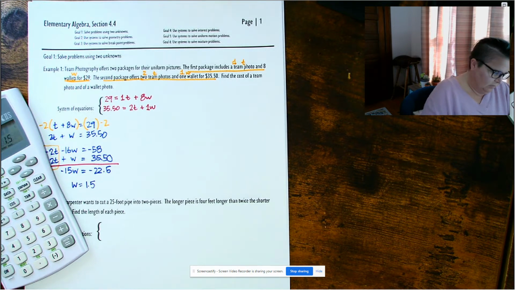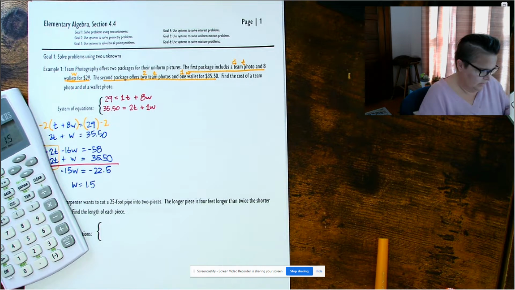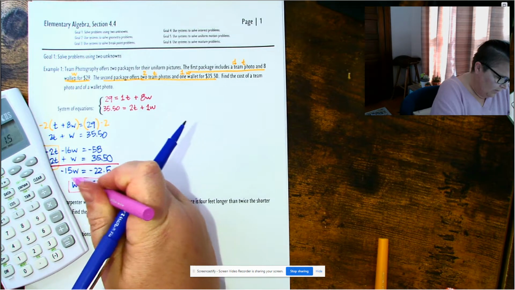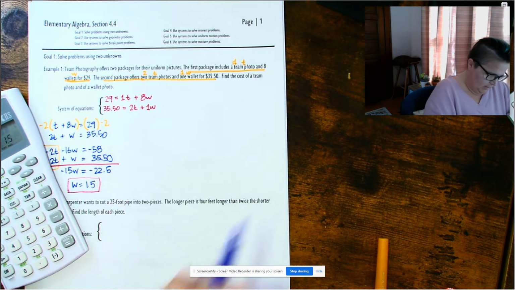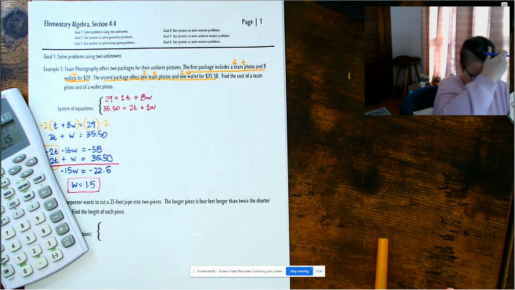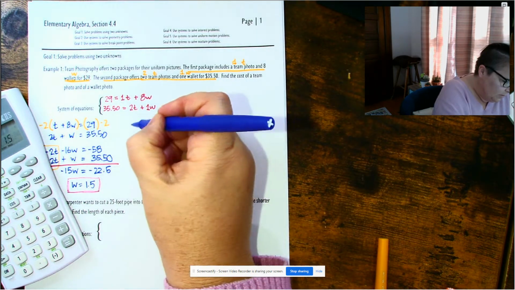Since w is 1.5, I'm going to put that 1.5 into either the first or the second equation. I'm going to do the first equation.